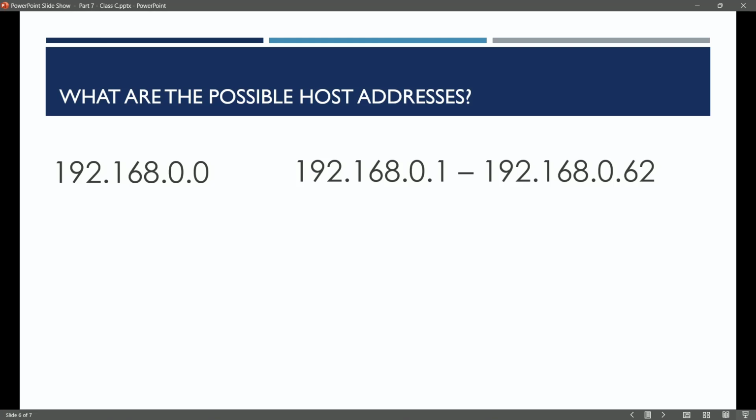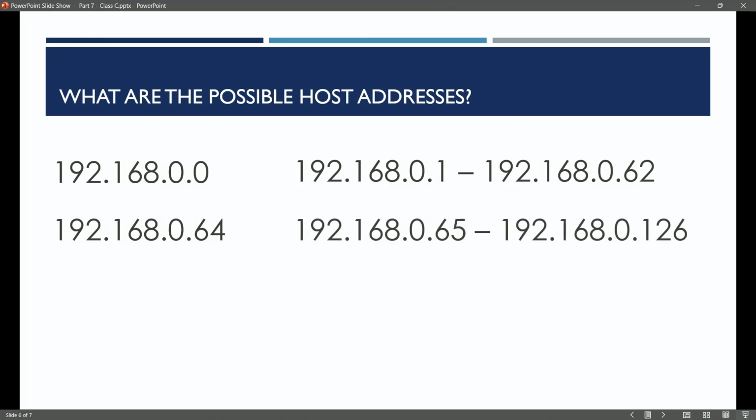What happens to .63? It's the broadcast for that subnetwork. And then what happens to .64? Well, that's the next network. So what are its possible addresses? 192.168.0.65. And then we're going to go up to 128, but we have to back off 127 for the broadcast. So .126 would be the last addressable host on that network.